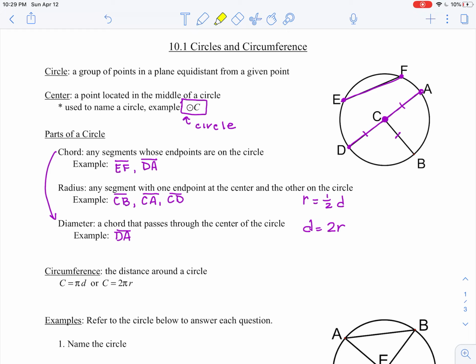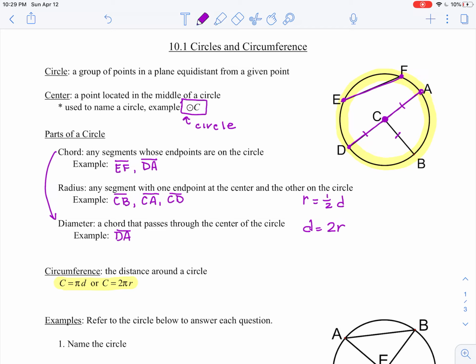One of the other things we'll look at is the circumference of a circle. You should know this formula already, but if you don't, there are two different formats for the exact same thing. Circumference of a circle is kind of like the perimeter of any other shape. It tells us the distance around the outside of the circle.